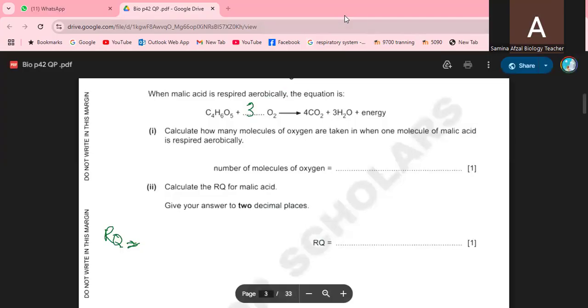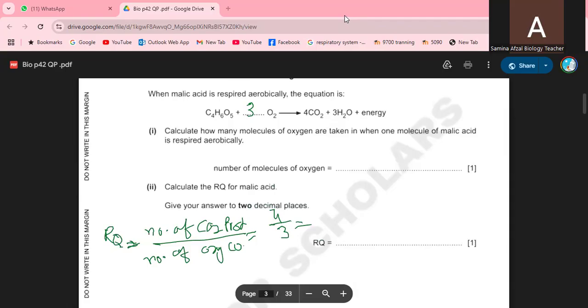In this equation, 4 molecules of carbon dioxide are produced and 3 molecules of oxygen are consumed. So the value is 4 over 3.